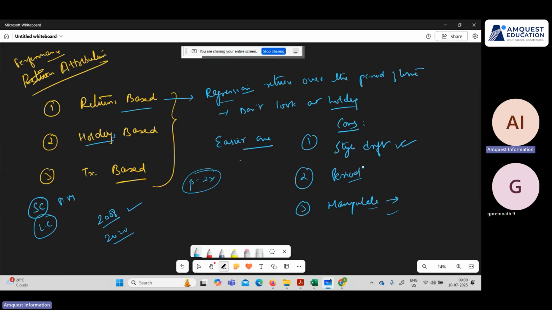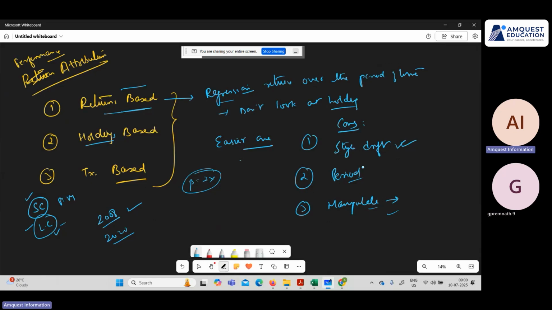Luckily, large cap outperformed and the return was very high. But you are only looking at the returns. How would you know whether he invested in small cap or large cap? Because return based attribution only looks at the returns and not at the holdings.